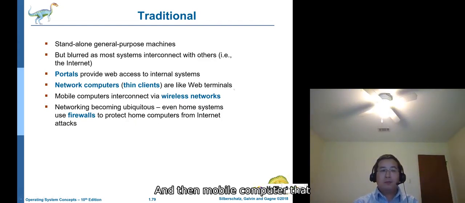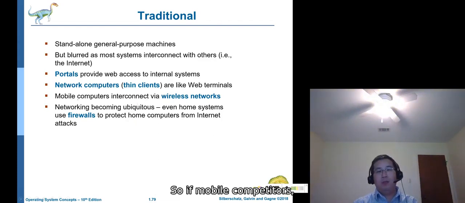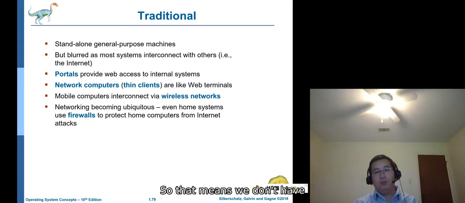Okay. And then mobile computers interconnect via the wireless network. So even mobile computers also connect with the network, with the internet, via the wireless network. So that means we don't have a purely defined, original, traditional computer anymore.